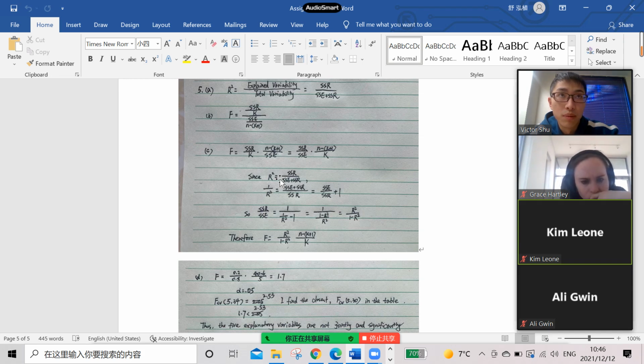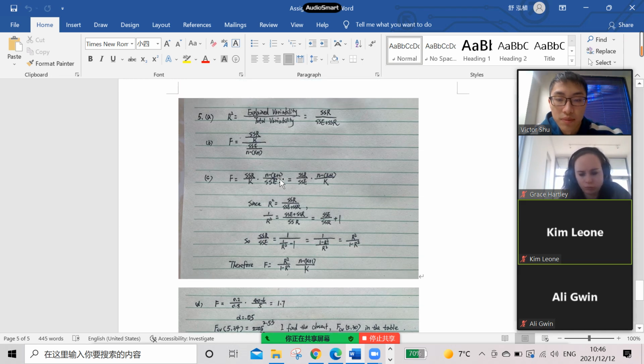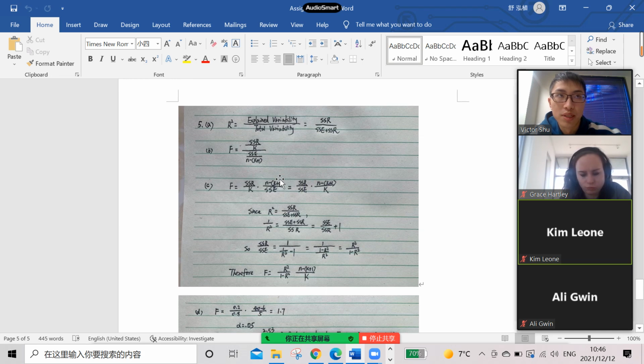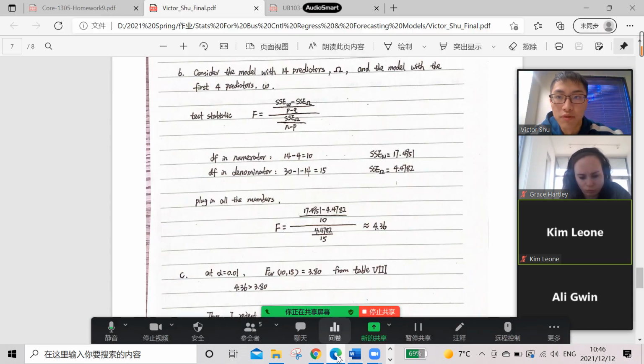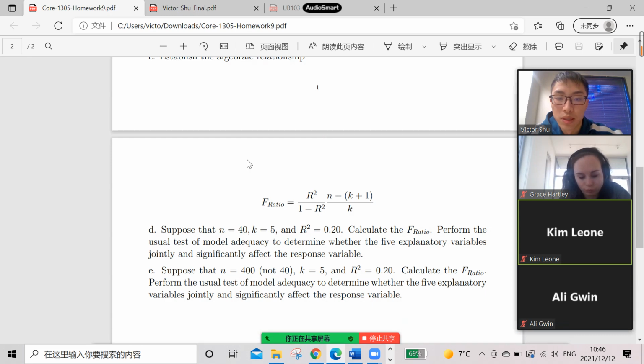So maybe my null hypothesis for the t-test is beta 2 equals 0. But here for the F test, the null hypothesis is about the overall environment of this regression model.